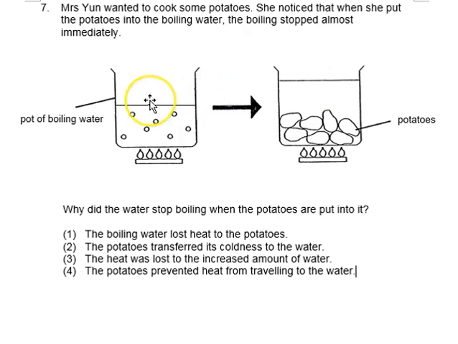So that's what happened. That's what happens when you put colder potatoes into a pot of boiling water. The water will lose heat to the potatoes because the heat will be transferred from the boiling water into the potato. Now, why did the water stop boiling when the potatoes are put into it?